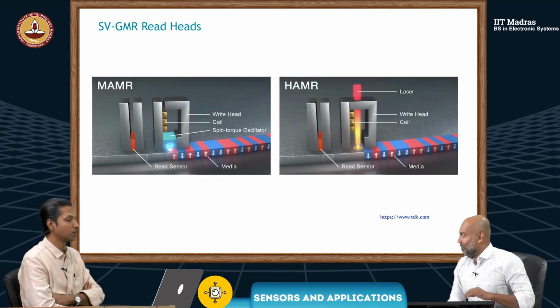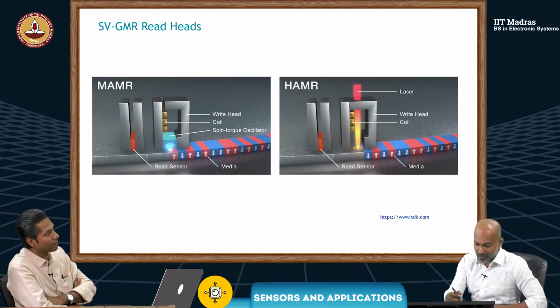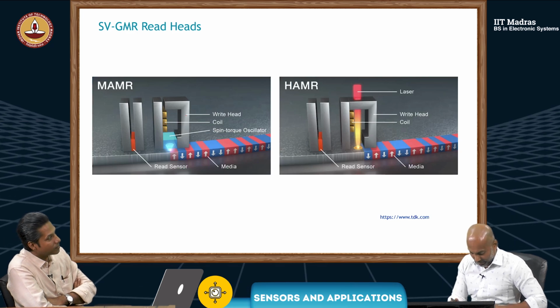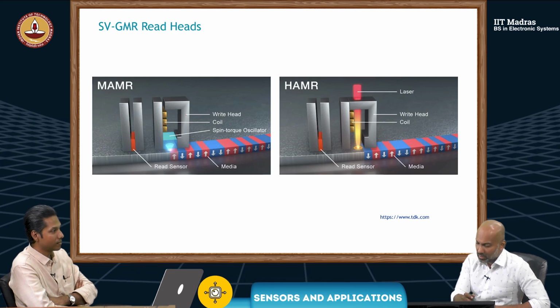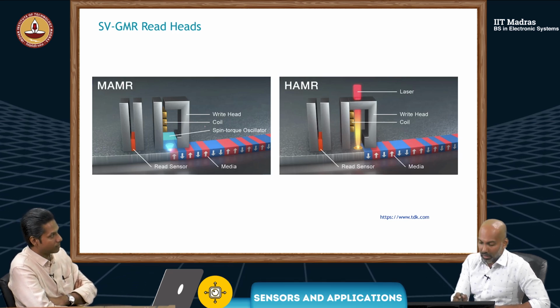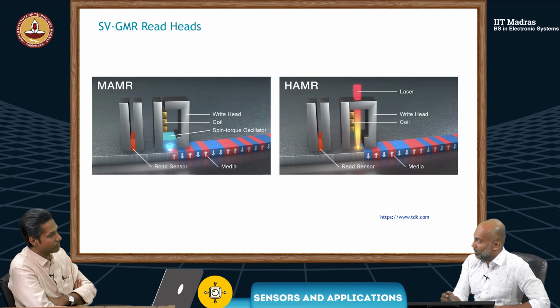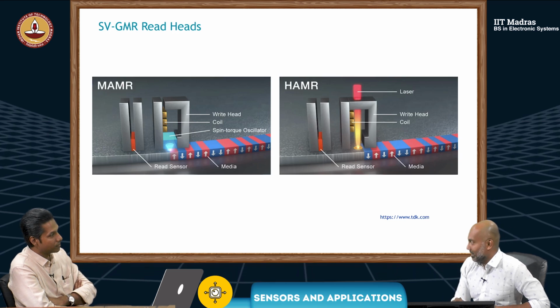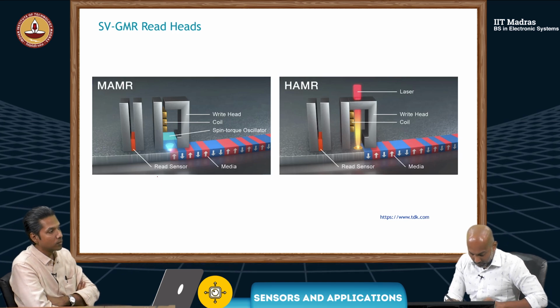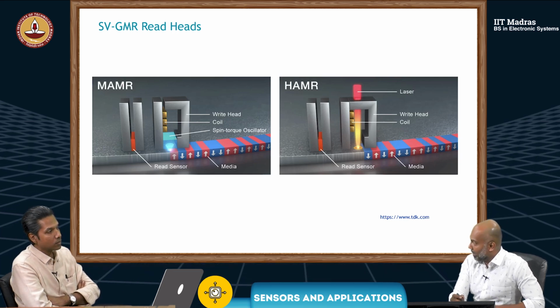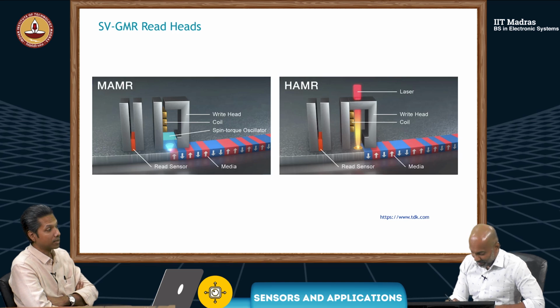And just for the students' interest, a lot of the hard drive companies are working on the latest technology. Again, you have your GMR sensor, but they have two different ways of making things faster and making the bit smaller. They have what you call microwave assisted magnetic recording and heat assisted magnetic recording.